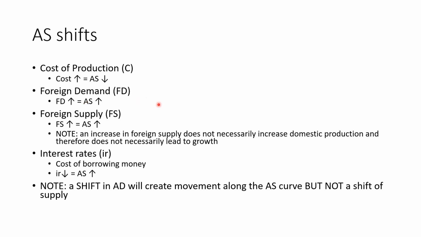Foreign supply is very similar to the idea of foreign demand. Note that an increase in foreign supply does not necessarily increase domestic production and therefore does not necessarily lead to growth. What that means is U.S. assets producing overseas. That doesn't necessarily increase domestic production.